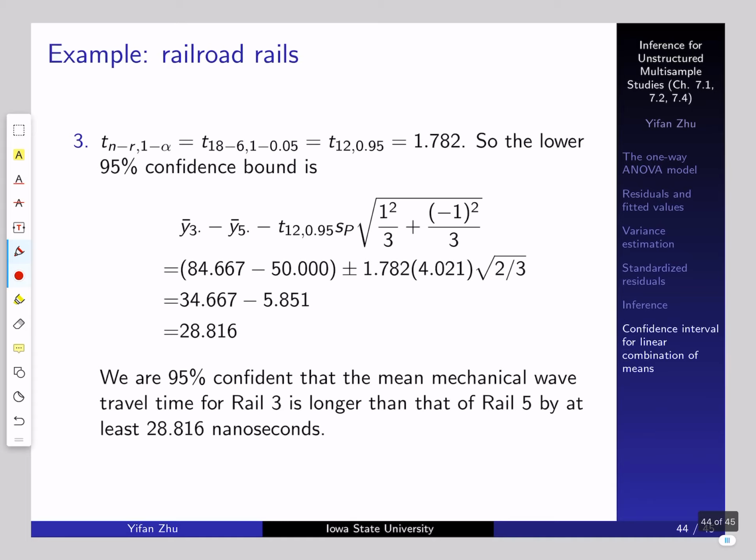And the last, and the third one, the 95% one-sided confidence interval for mu3 minus mu5.